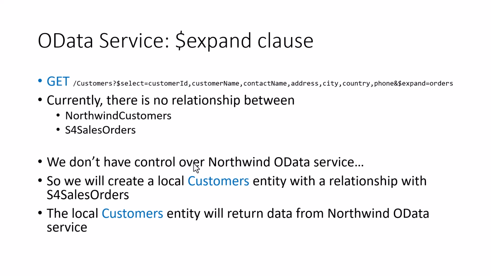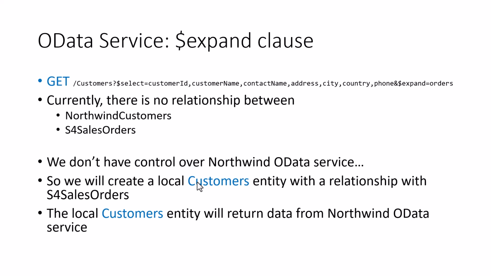So in order to create a relationship between these two entities, I will not be able to do it because I don't have control over this Northwind OData service. So what I'm going to do is create a local customers entity, which will act as a pass-through. But what I can do is set up a relationship with this local customers entity because I have control over it.